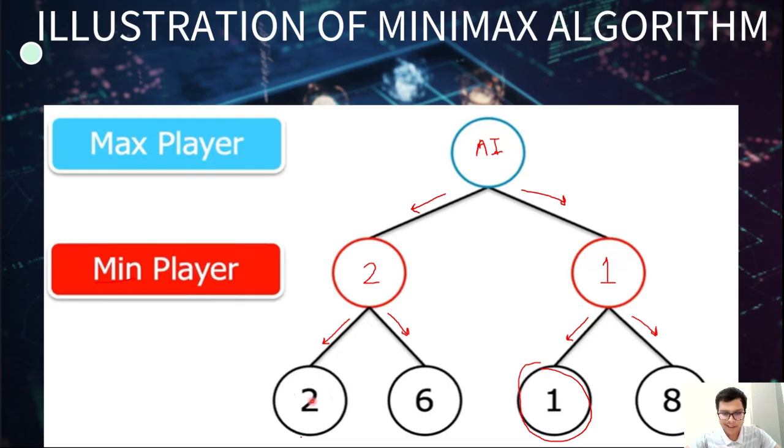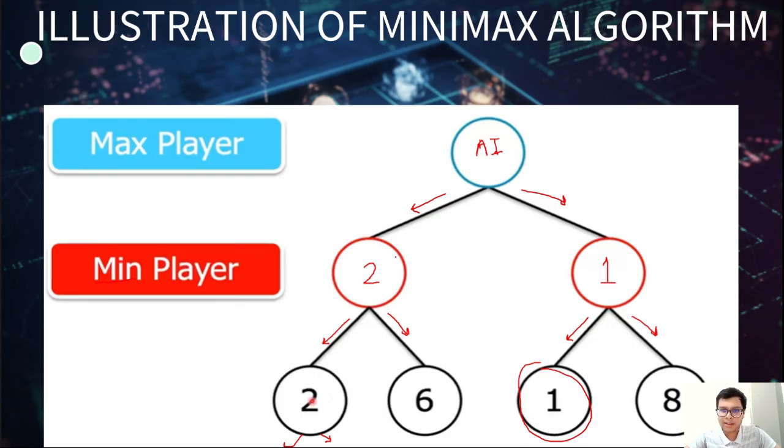You might be wondering why this does not have the rest of the children nodes. It could have, but this is just a simplified example to illustrate the working of the algorithm. Now we have the values of these nodes, and it is AI's turn to choose among these.